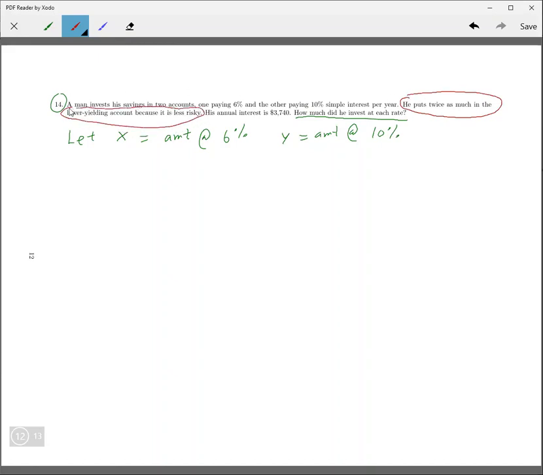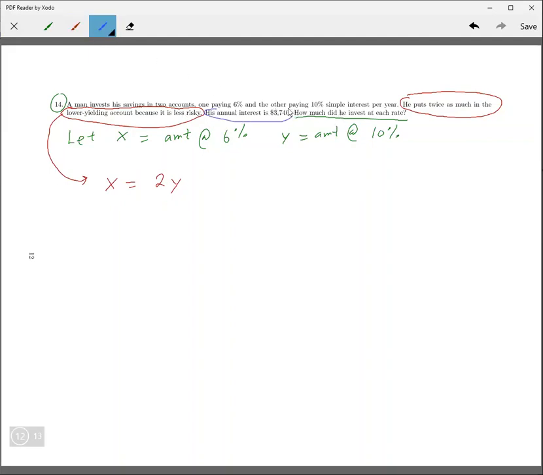It says he puts twice as much in the lower yielding account. So this one has twice as much as that one. Okay, so that means that X is 2Y. That just comes from that. Twice as much, because it's less risky. Okay, so X is 2Y. That's our first equation.